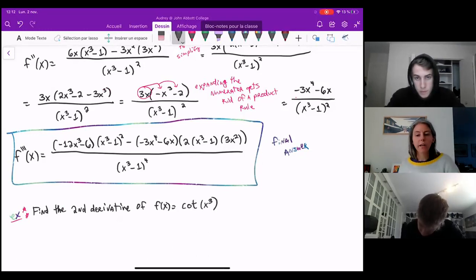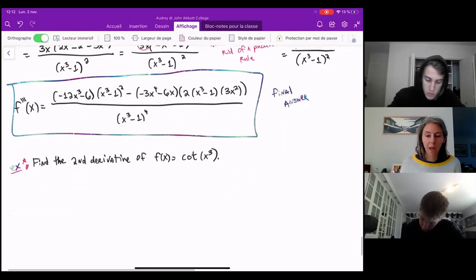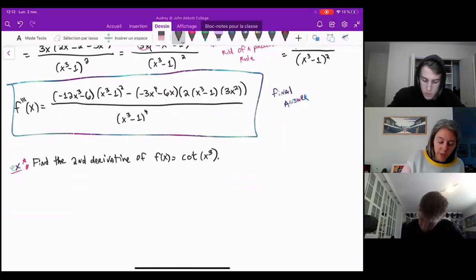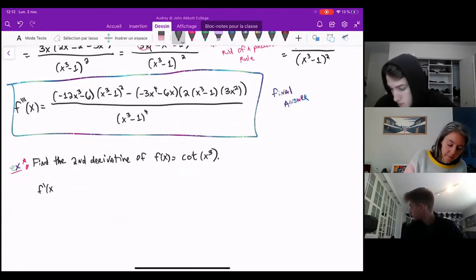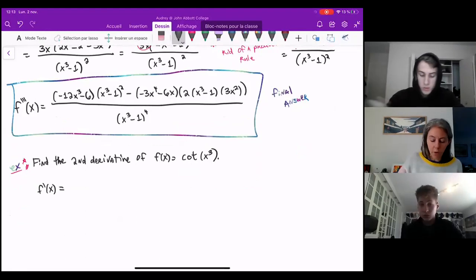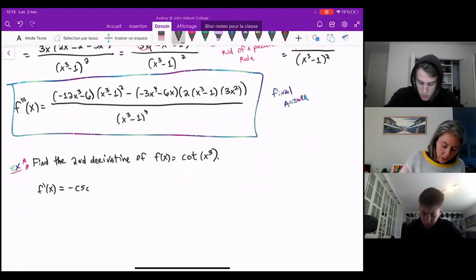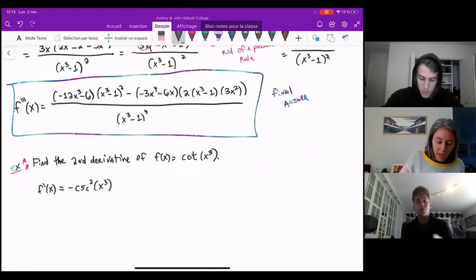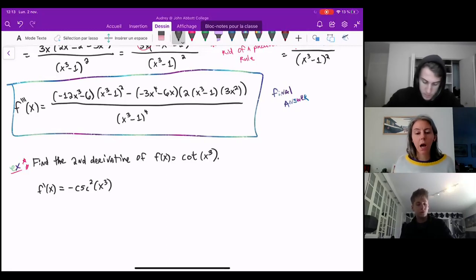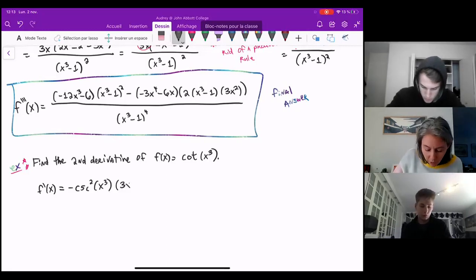So we're finding the second derivative of cotangent of x cubed. What's the derivative of cotangent? Minus cosecant squared. You got it. So this is minus cosecant squared of x cubed. We're doing a chain rule here, so I need to multiply by 3x squared.